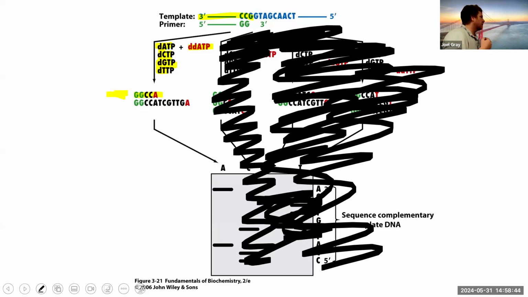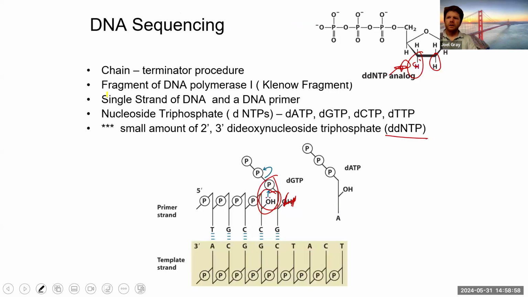Then it sees a T. It goes into its bag and says, all right, I'm going to pull out an A. And I happen to pull out a ddATP. And I'm going to put that ddATP there. That ddATP is not going to allow me to produce any more of this bond because it doesn't have that lone pair of electrons, because it doesn't have a hydroxyl group. It just has a hydrogen. It's a dideoxynucleotide triphosphate. It looks like this right here. Does that make sense?